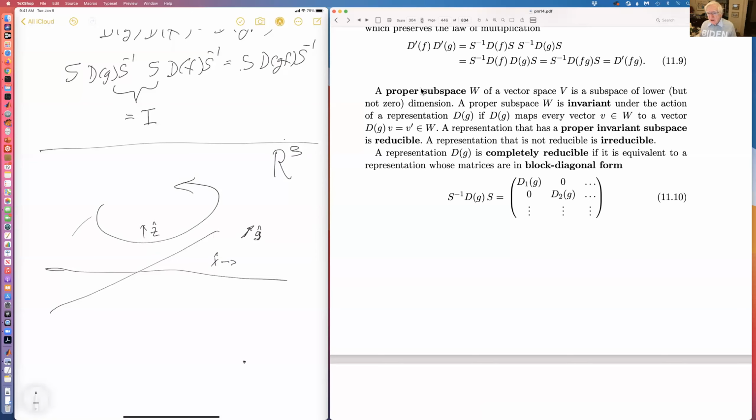Now we can imagine a representation of the three-dimensional vectors. If that representation leaves the plane invariant, then we would say it would be a reducible representation. And then, of course, a representation that's not reducible, we say is irreducible.